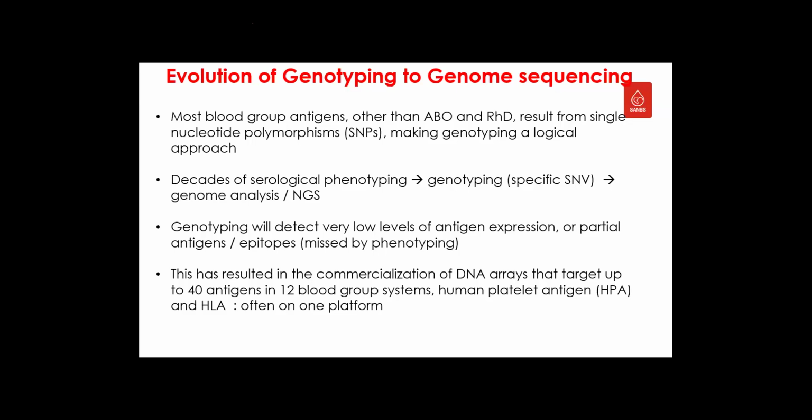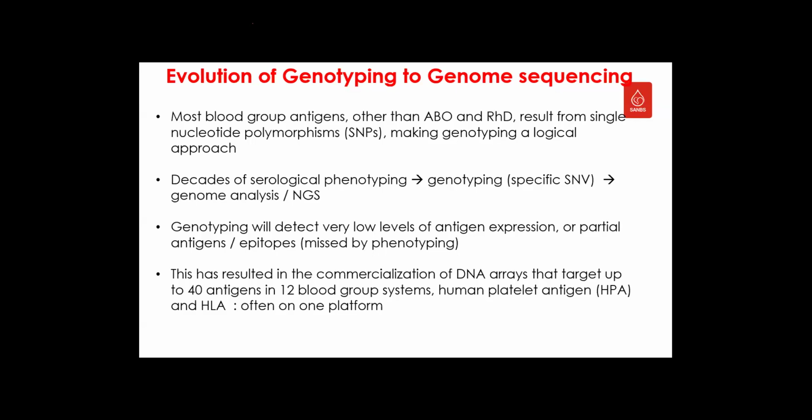It evolved from serological phenotyping to genotyping. With genotyping, these are generally probes, so you're not sequencing or reading a whole genome. You are just looking at very specific areas where you know what the variant is, and that probe will then check for that variant, be it in the MNS group or in the RH group.